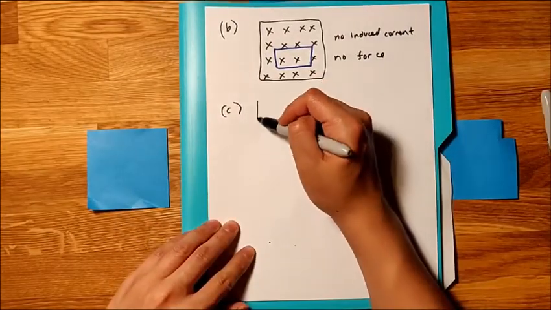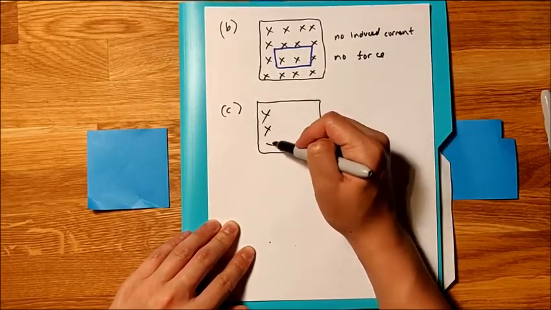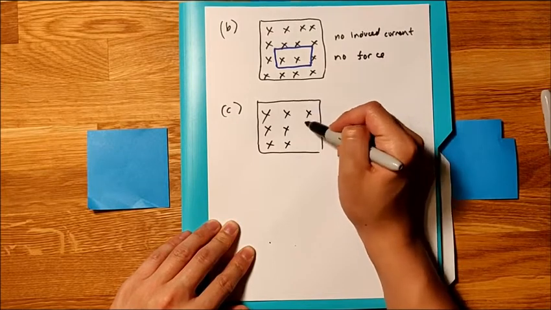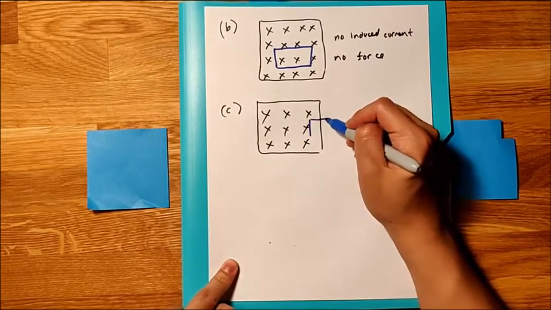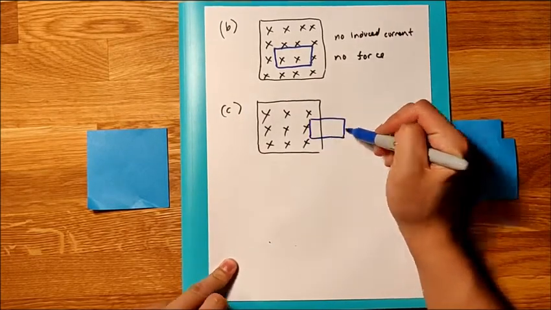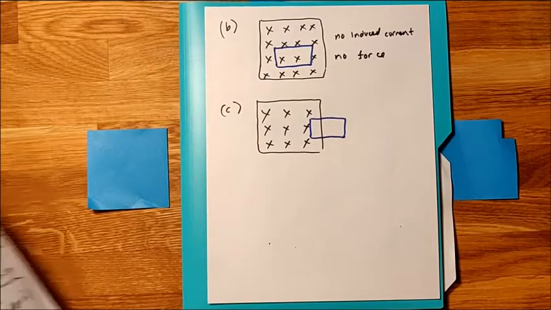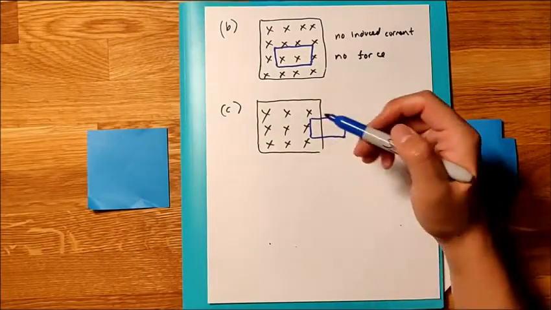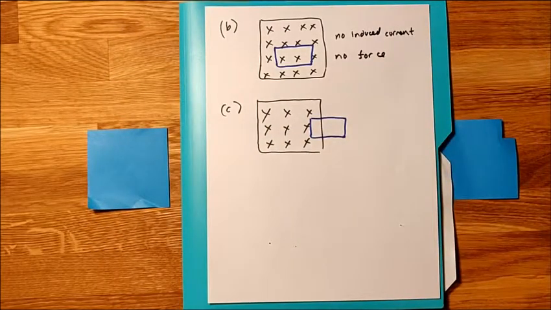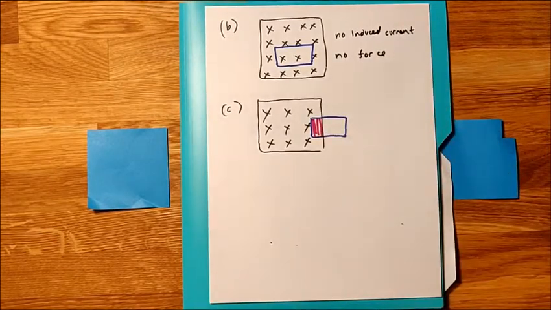So I'm just going to draw the diagram again to make it easier to see. If we have our X's, our B field, and in this time the rectangular coil is just leaving this B field. So again, we can apply the same methodology as we applied to part A. In this case, the only part that we're interested in is simply going to be this section right here that's still in the B field.